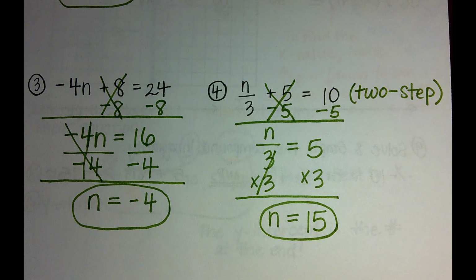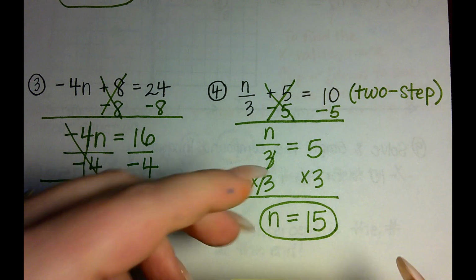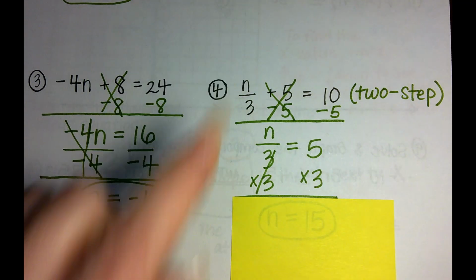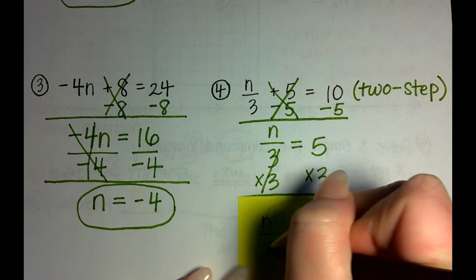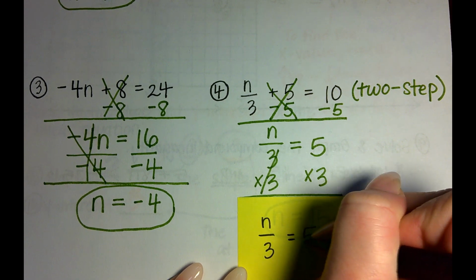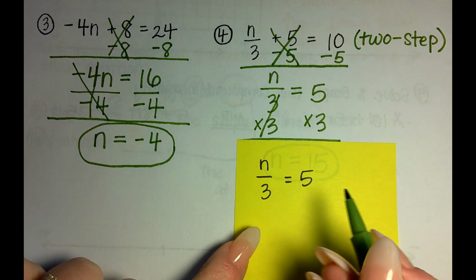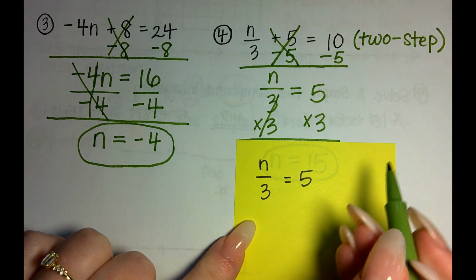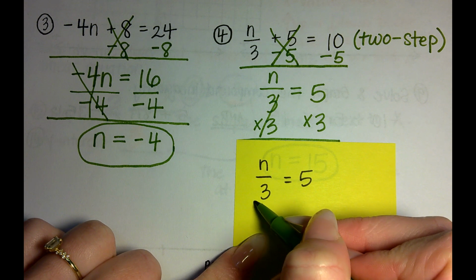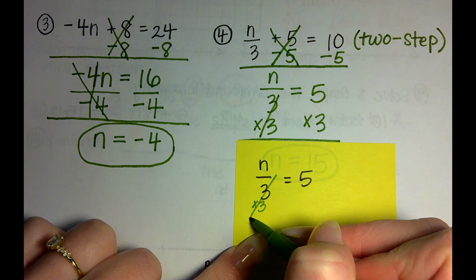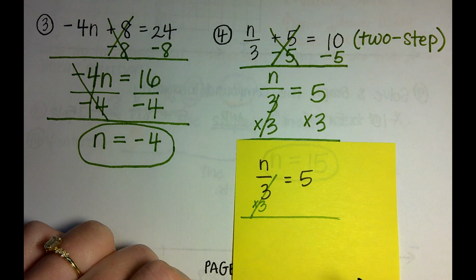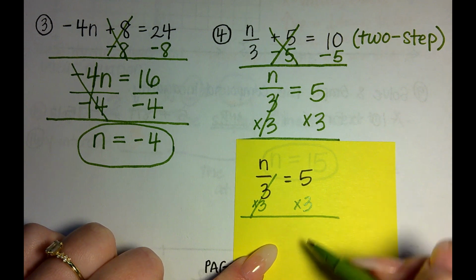What might be a good idea to help you not do that, I wonder if it would be helpful to, as soon as you write n over 3 equals 5, and you say, okay, I need to get rid of this 3, so divide by 3, I'm going to times 3. Maybe just cross it off right away, and then write the times 3.